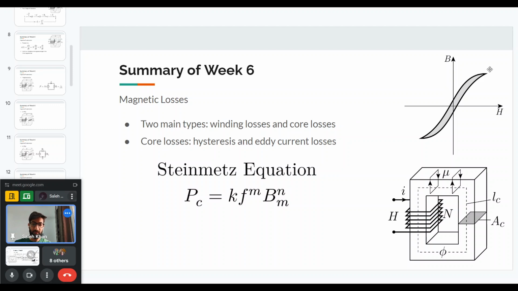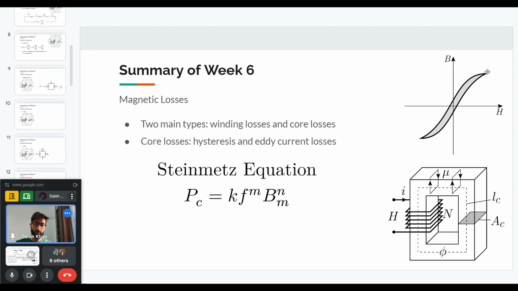So basically, whenever we traverse this hysteresis loop, we get some losses. And frequency basically means how fast we are traversing this hysteresis loop. So if we increase the frequency, then we will get more losses. And similarly, BM is basically the peak of the loop that we have.